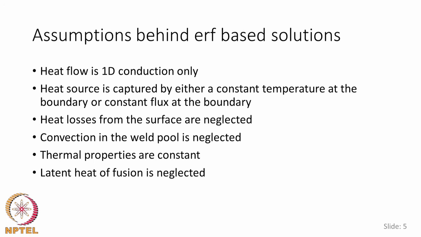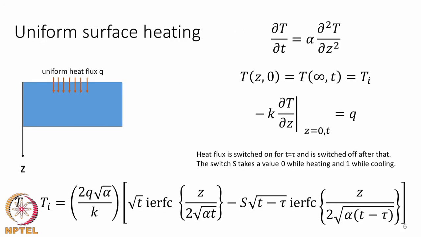Everything is assumed to be happening only in one dimension. The convection in any weld pool, if at all it forms, is also neglected, and all the properties that are relevant for the thermal transport are also taken as constant. Latent heat of fusion is also neglected, and this is mainly because the phase change itself has been neglected.